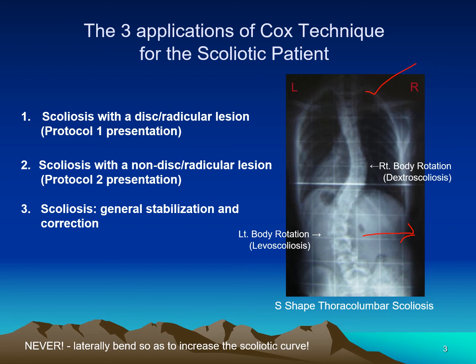Number 3 is the general scoliotic patient, maybe an adolescent who's been examined by a nurse at a middle or junior high school, and they've discovered that there is some type of imbalance, and the child is brought to your office.